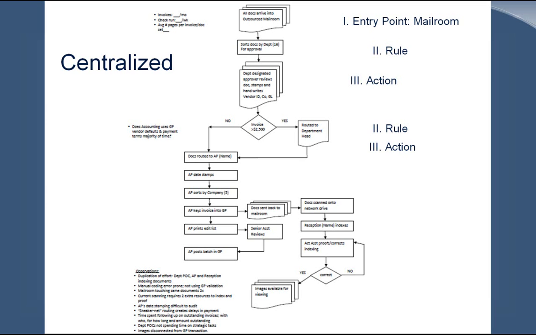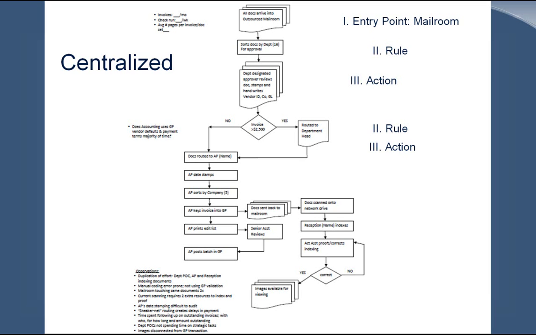Do you have a sneaker net routing process going on, which creates delays in payment? Are individuals actually walking those invoices from desk to desk? Are they making copies of those invoices and using those copies as a means to follow up with your department points of contact?